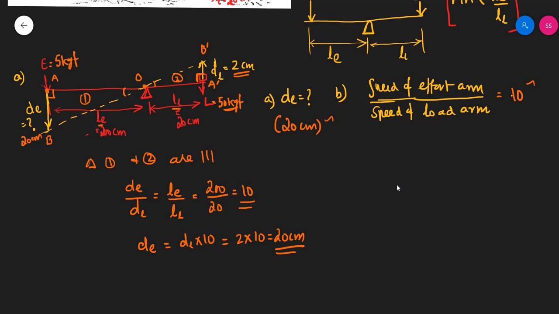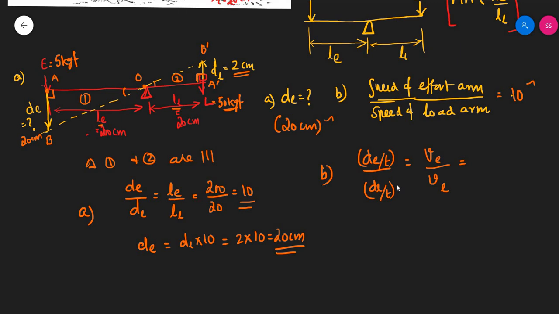Now this is the first question, and the second question was the speed of the effort arm. If you know the distance moved by the effort arm and the distance moved by the load arm, it's just a matter of dividing by t on both sides, and you get the velocity of the effort arm divided by the velocity of the load arm, and that won't be any different because you're dividing both top and bottom by the same quantity.